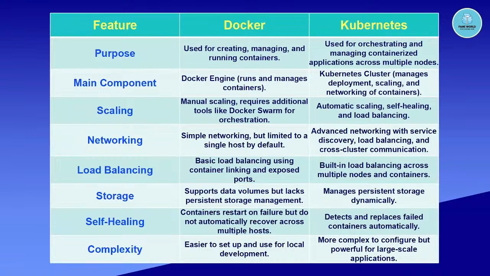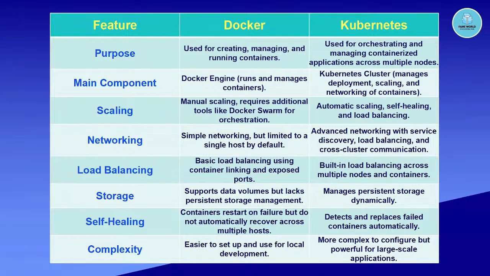I will be comparing features like purpose, main component, scaling, networking, load balancing, storage, self-healing, and complexity. When I talk about all these features, a lot of confusion about what Kubernetes and Docker are will be cleared. So let's talk about the purpose. Docker is used for creating, maintaining, and running containers.